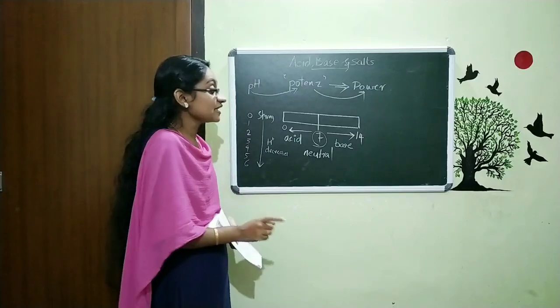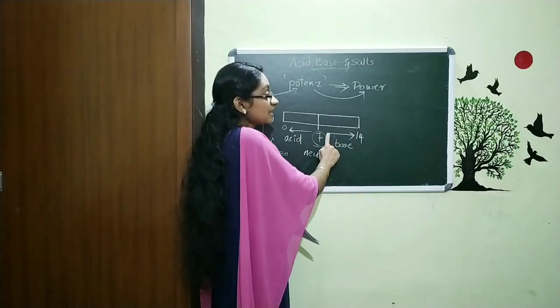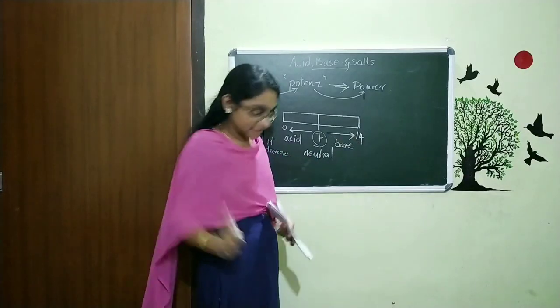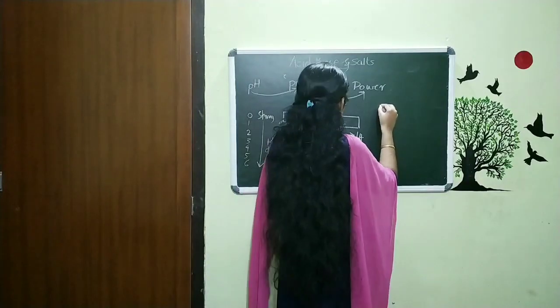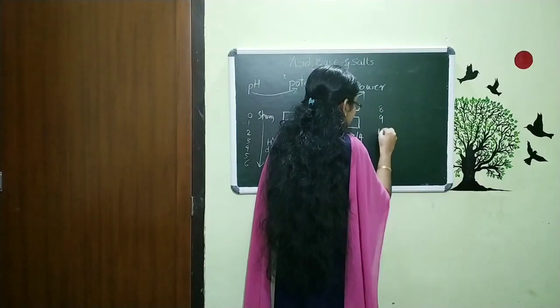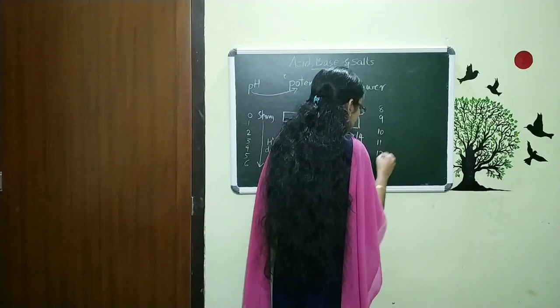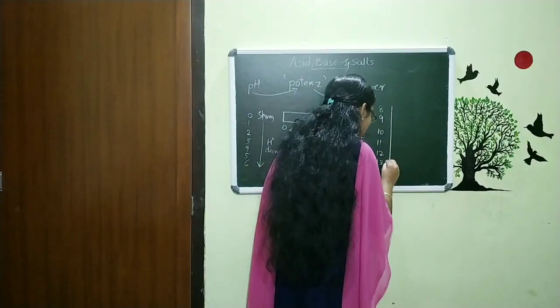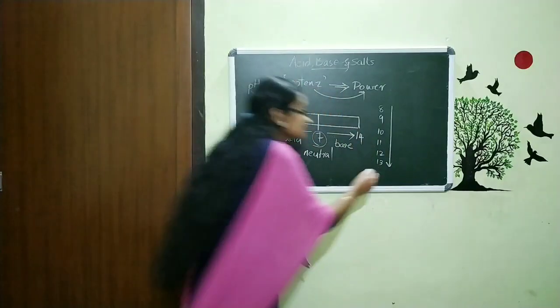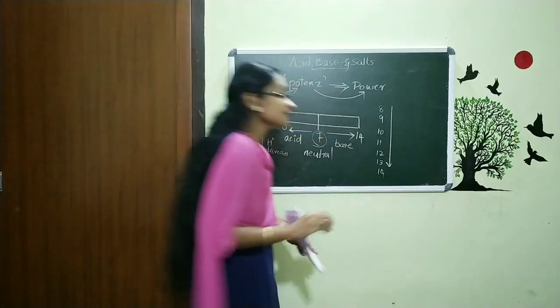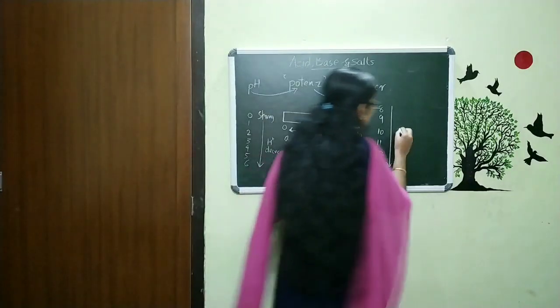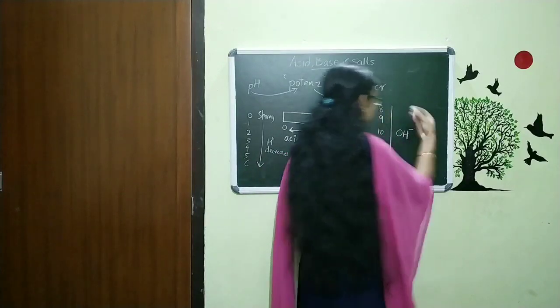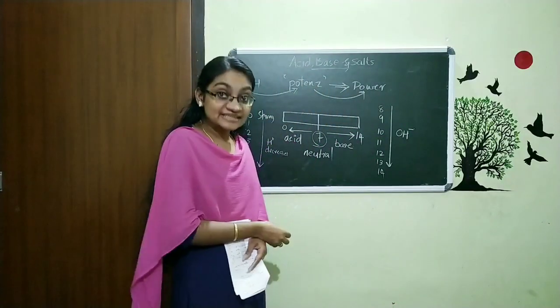In a similar way, here you can see the arrow head points to here. That means when the value goes 8, 9, 10, 11, 12, 13, like that, when the value is increasing to 14, our OH minus concentration is getting increased.